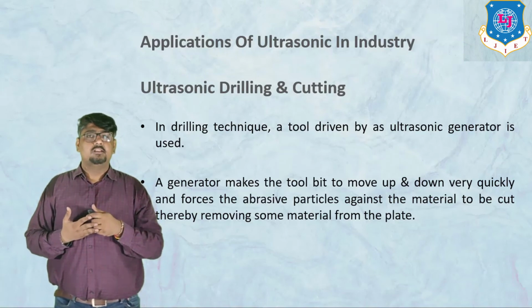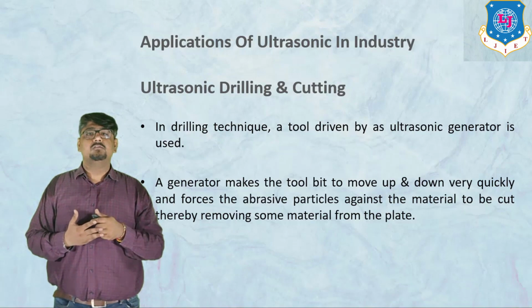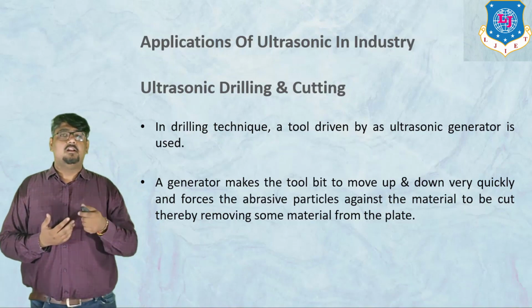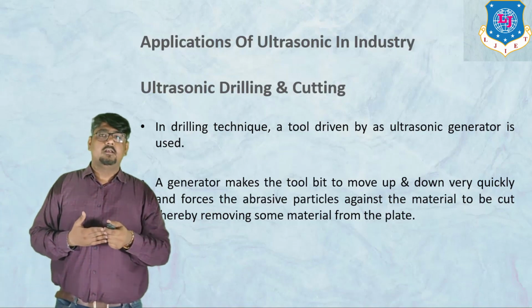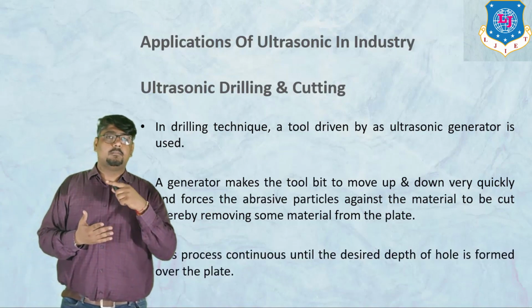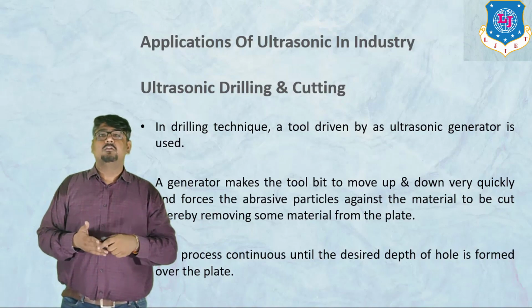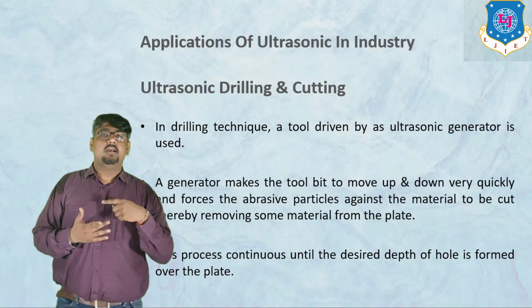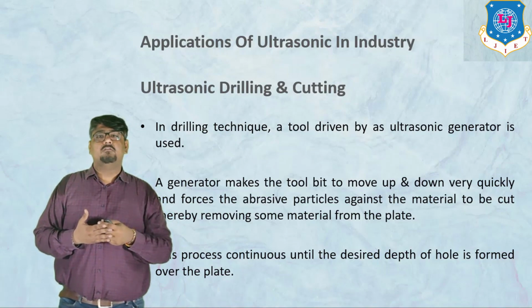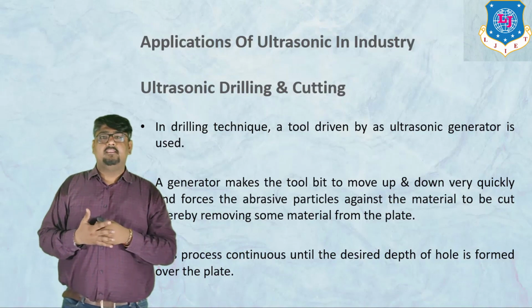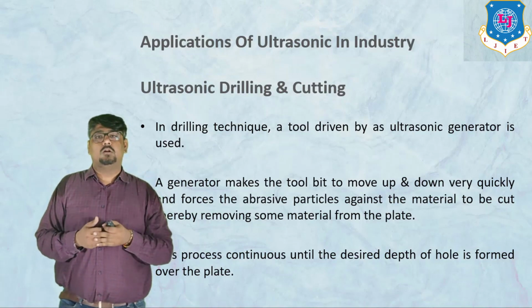In drilling and cutting you can use the same technique with abrasives, and an ultrasonic pulse generator is used to supply very high frequency to move these abrasive materials up and down, thereby providing a cutting action. While they rub against the material, they cut into it, and thereby the material is thrown away.